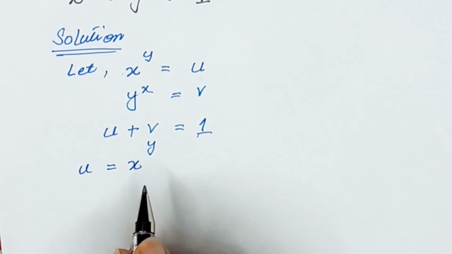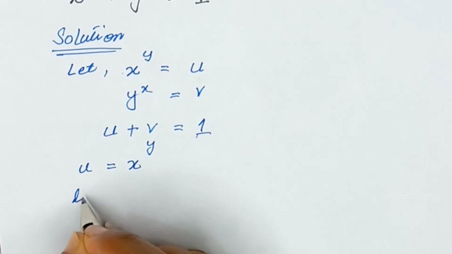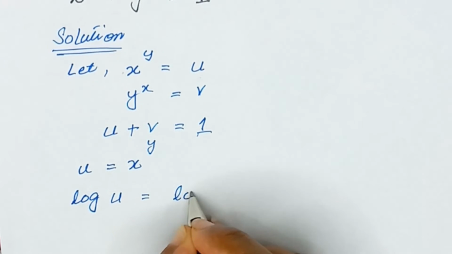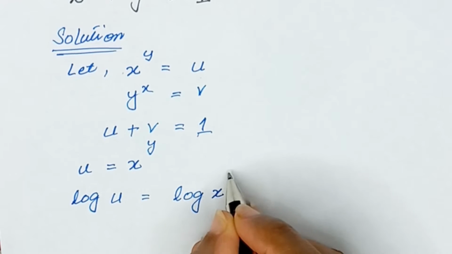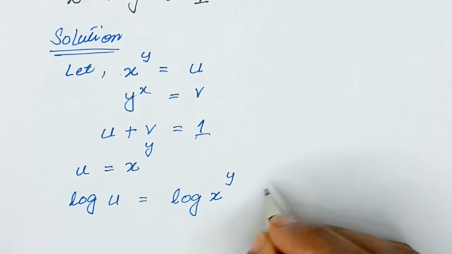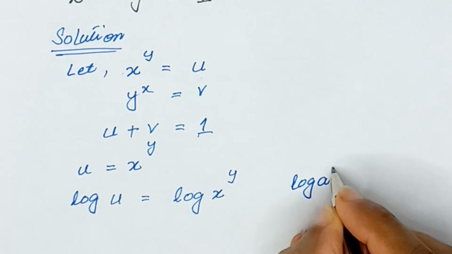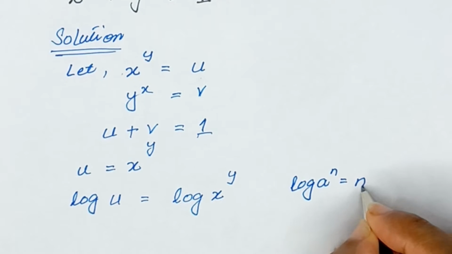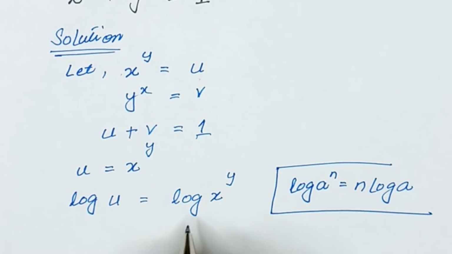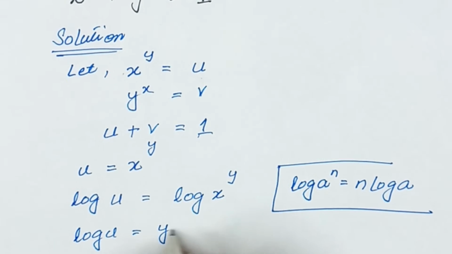To make the function simple, we will take log on both sides. So taking log on both sides, it will become log of u is equal to log of x to the power y. By the law of exponents of log, we know that log of a to the power n is equal to n log of a. So it will become log of u is equal to y times log of x.